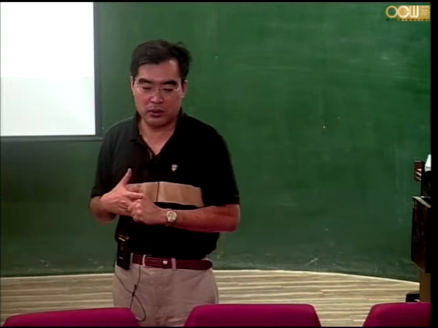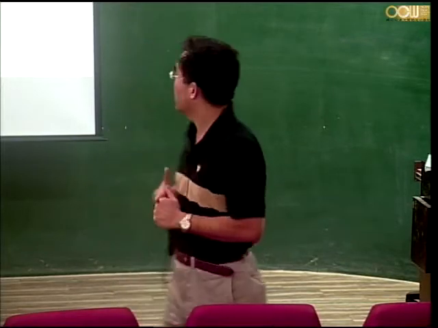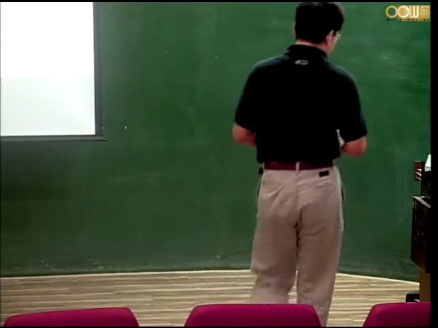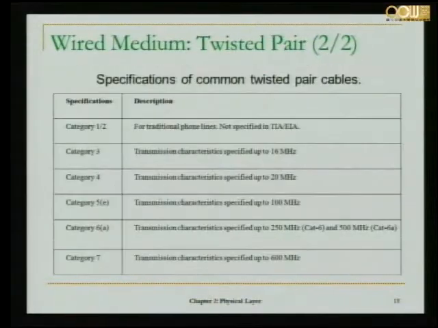So there's a table here showing the different categories of the twisted pair, from category 1 to category 7. The higher the category, the more twist per inch, and the more immune to interference.